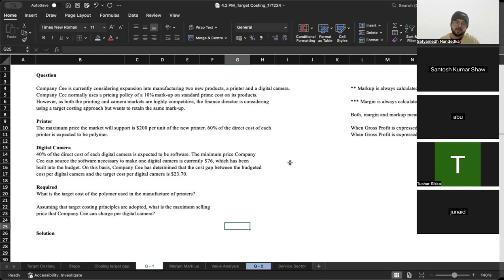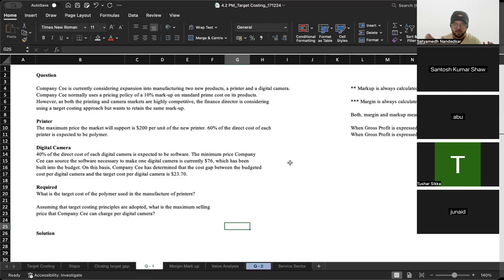The maximum price the market will support is 200 per unit of printer. 60% of the direct cost of each printer is expected to be polymer. So there are two parts to it. There is a camera and then there is a printer that is given to you. So your analysis should be for the two separately.